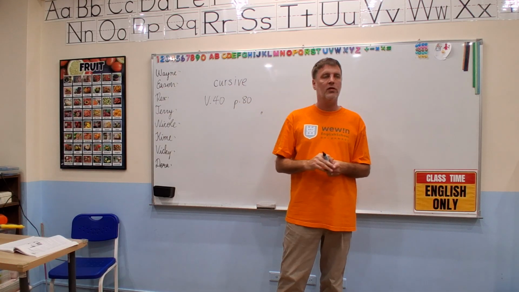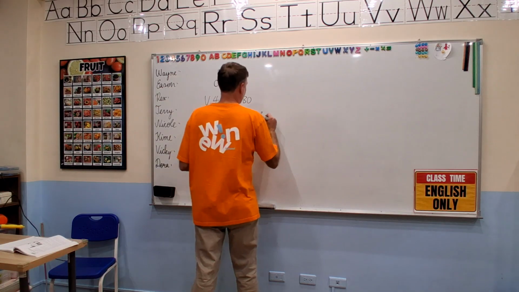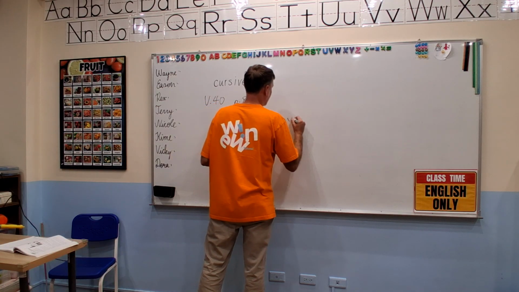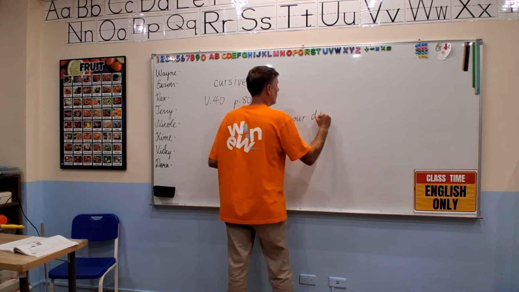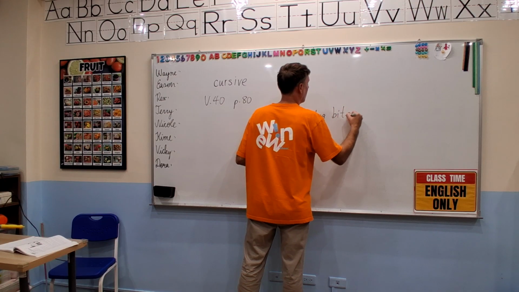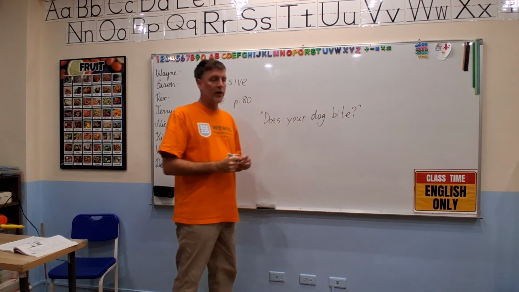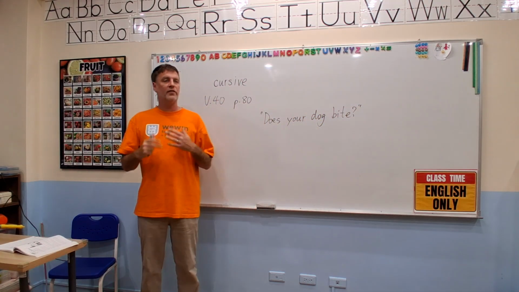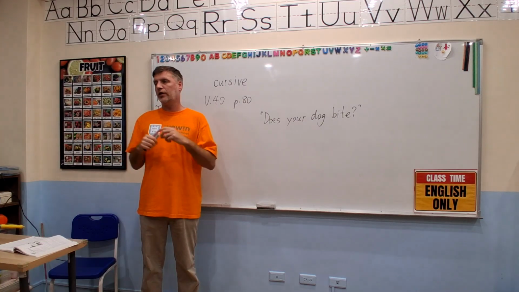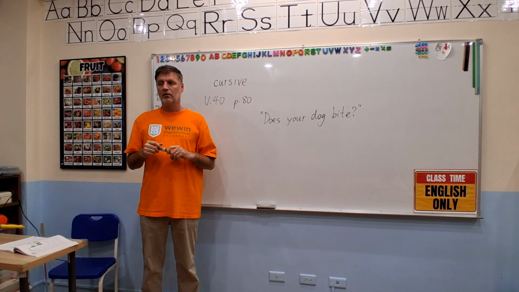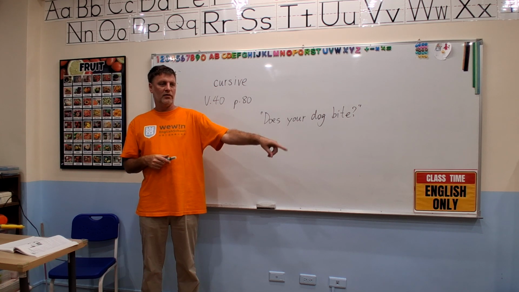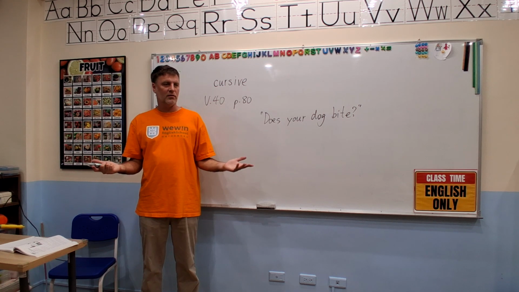The wrong question. Bite. Thank you, Isa. Good. "Does your dog bite?" That's the wrong question. What should he have said? What would have been the good question? Where is your dog? Is that your dog? Then she says, that's not my dog.